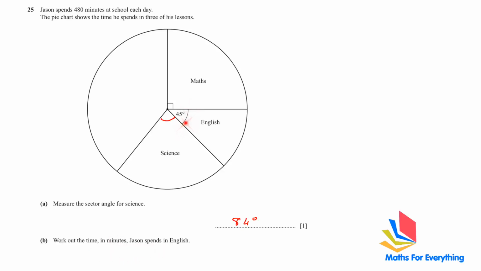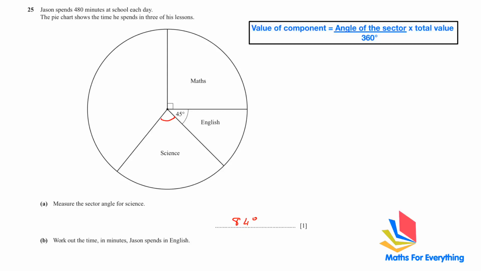Part B, work out the time in minutes Jason spends in English. We have been given the sector angle or the central angle, which is 45 degrees. If we want to find the time in minutes here, we are going to use the formula: value of a component is equal to angle of the sector divided by 360 multiplied by the total value. We want to know the time spent in English.